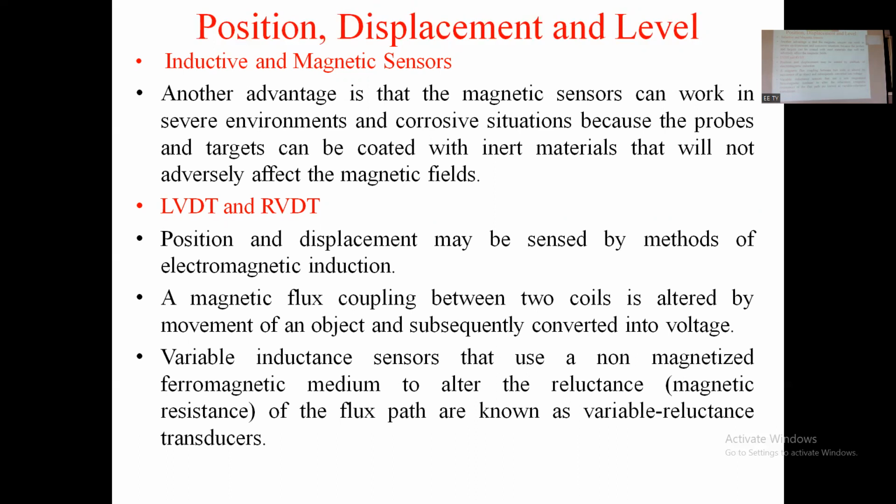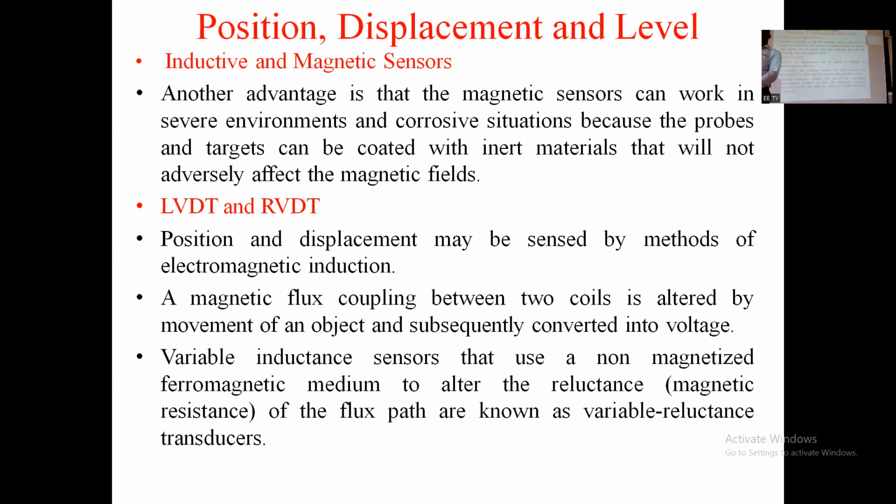Then the next type of sensor is LVDT and RVDT. LVDT is the linear variable differential transformer, a sensor, and RVDT is the rotary variable differential transformer.